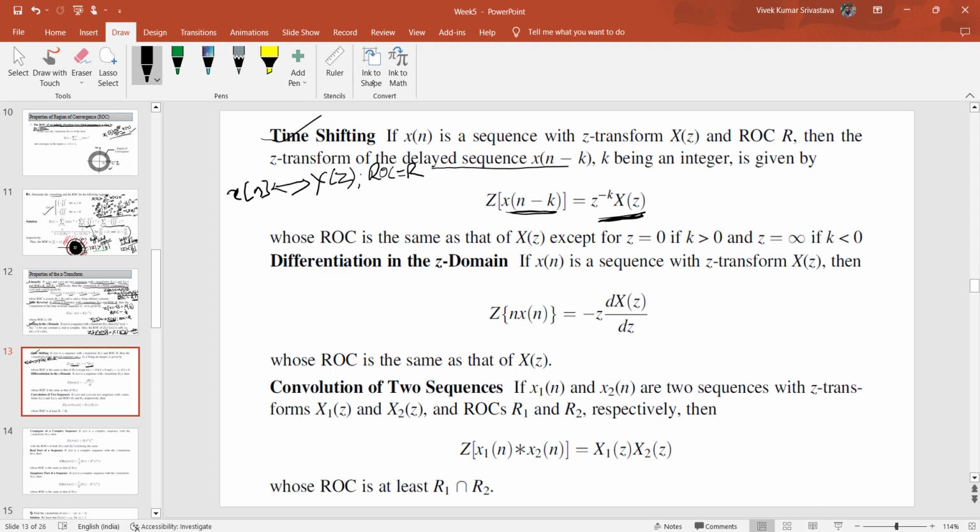And the ROC remains the same. The ROC will not change in case of time shifting.